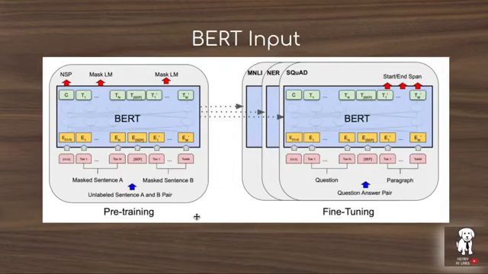The input to the BERT model is constructed to facilitate fine-tuning it for downstream tasks. So BERT pre-trains by performing two tasks.